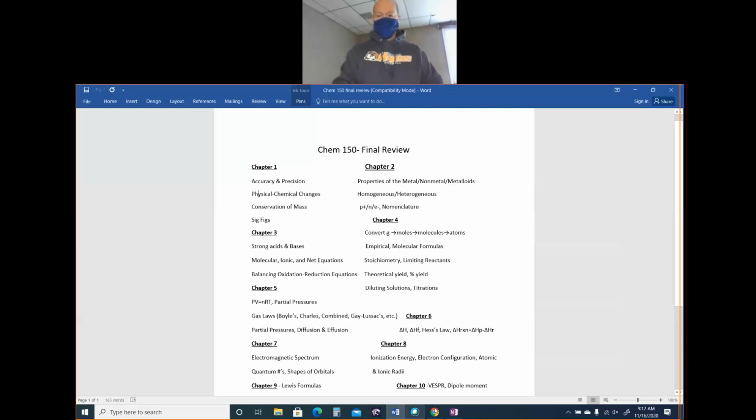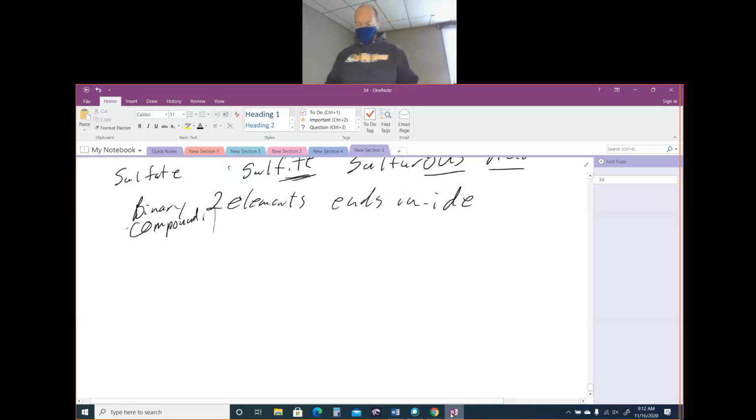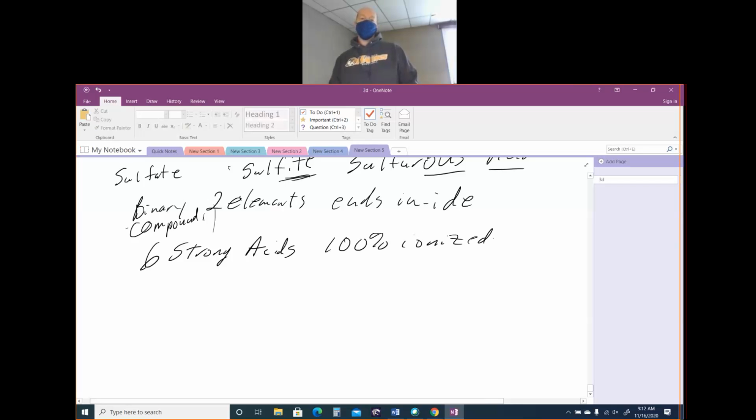Strong acids and strong bases. This is going to be important for a lot of things. So you have to know your 6 strong acids. What does it mean by strong acid? It means 100% ionized. So you have to know your HCl, HBr, HI, HNO3, HClO4, and H2SO4.